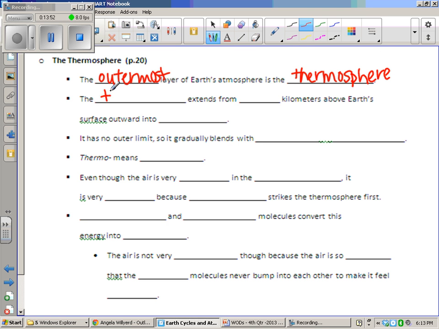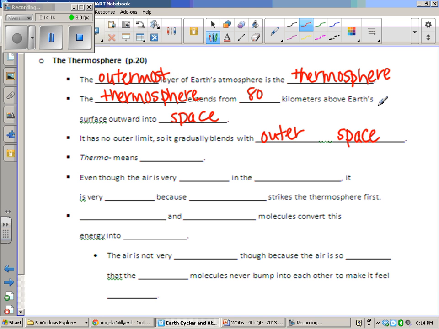Okay, and the thermosphere extends from 80 kilometers above Earth's surface outward into space. So it has no outer limit and it just gradually blends in with outer space.